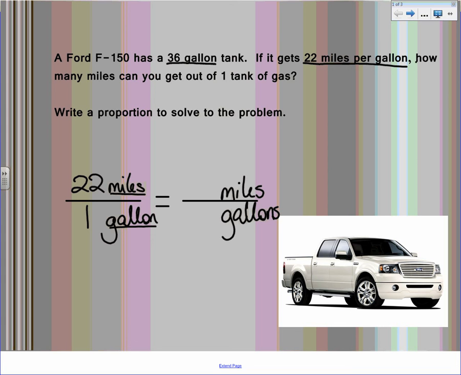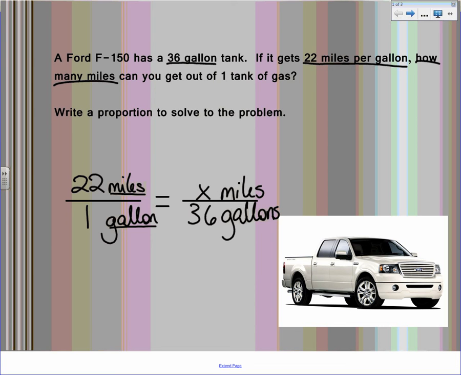Now, I don't know how many miles, because that's actually the question. How many miles? So there's my variable, x amount of miles. And then how many gallons do I have in one tank? I have 36, according to my information provided. So there's my ratio proportional statement.